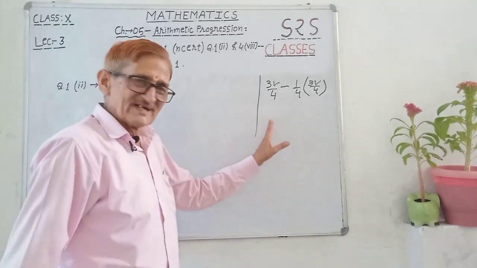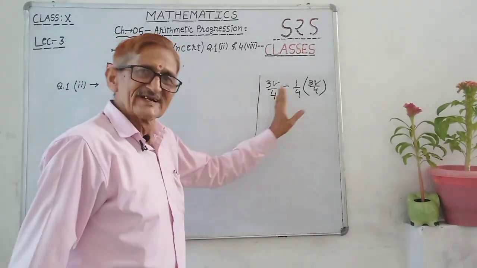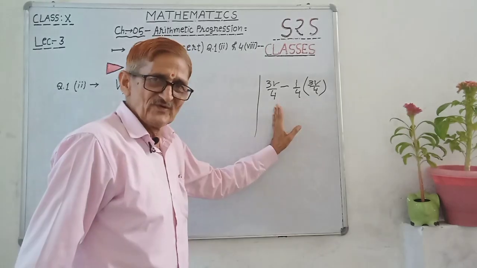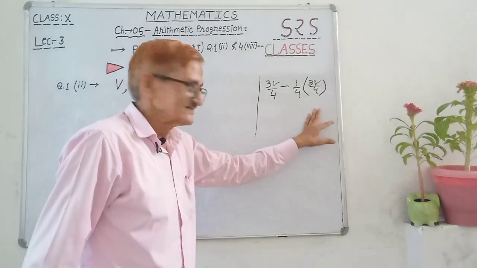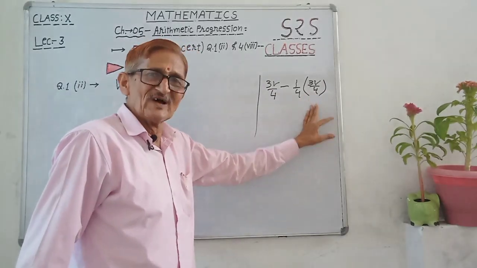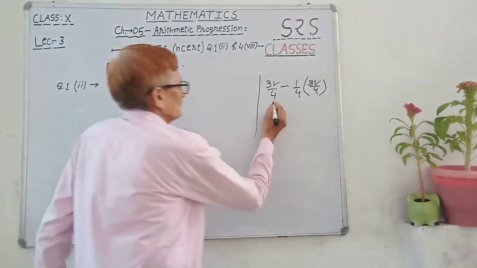At present 3V/4 at a time remaining, तो उसमें 1/4 of that, 1/4 of 3V/4 we have to remove. This is the question.